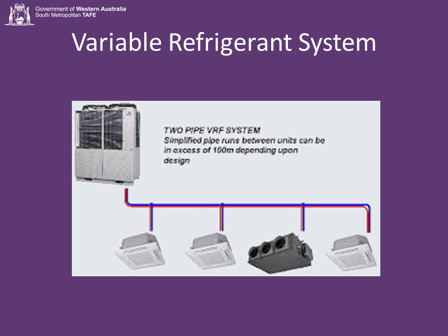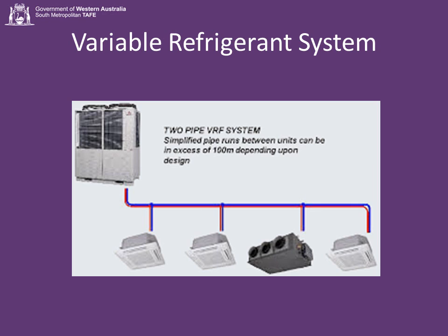When I was talking about splits, I said that there's an indoor unit and an outdoor unit. In actual fact, we don't have to have just one indoor unit. We can have several indoor units and one outdoor unit. They can all be linked together.